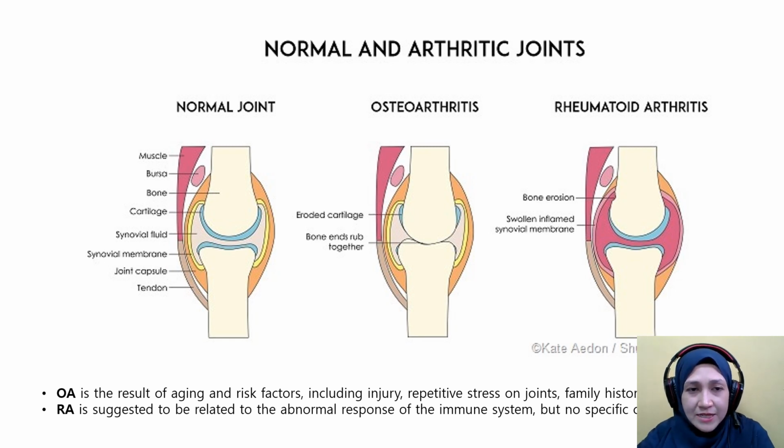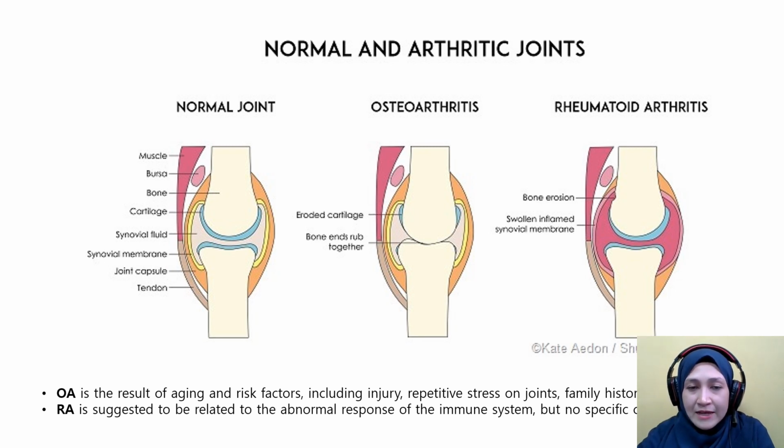So as we can see in the normal joint, there is a synovial fluid, and also there is a gap between each bone, and each bone has their own cartilage to prevent the friction between the two bones. In osteoarthritic patients, the cartilage is eroded, so the bones tend to rub between each other.